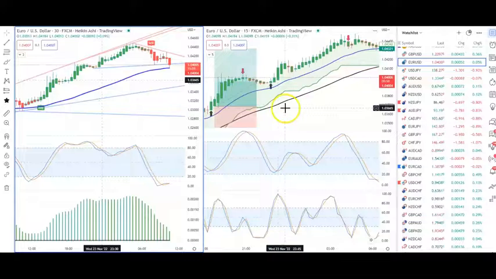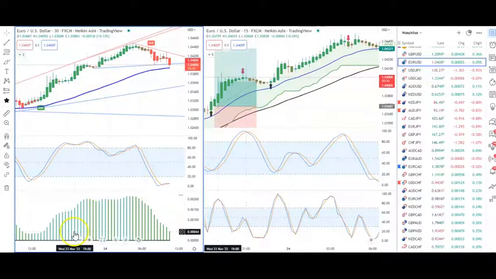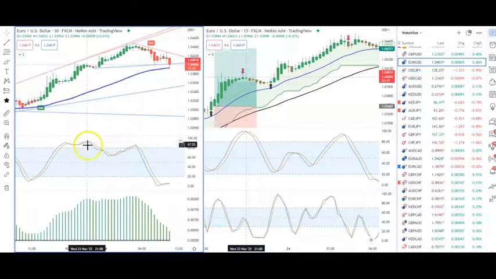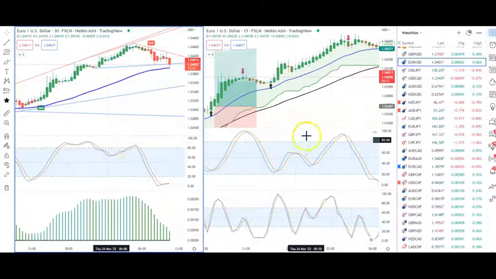And the important things are the histogram, what colour it is, but also the price above the blue line and the colour of the candlesticks. But the stochastic, this shows it overbought. Don't be worried about that. This shows overbought. Don't worry about that.